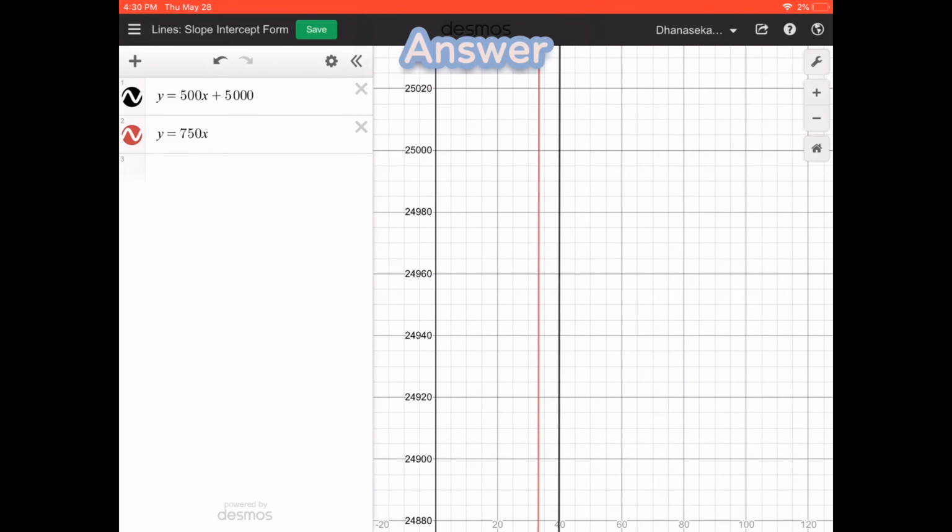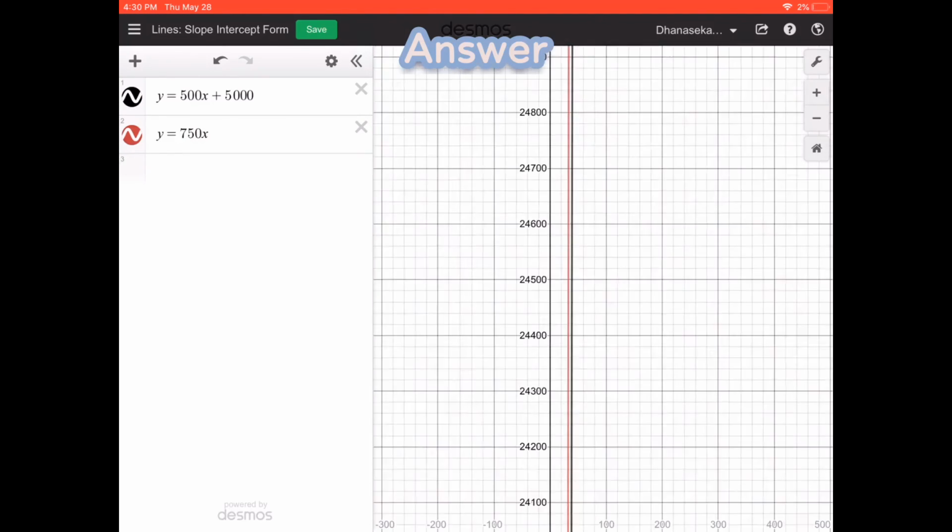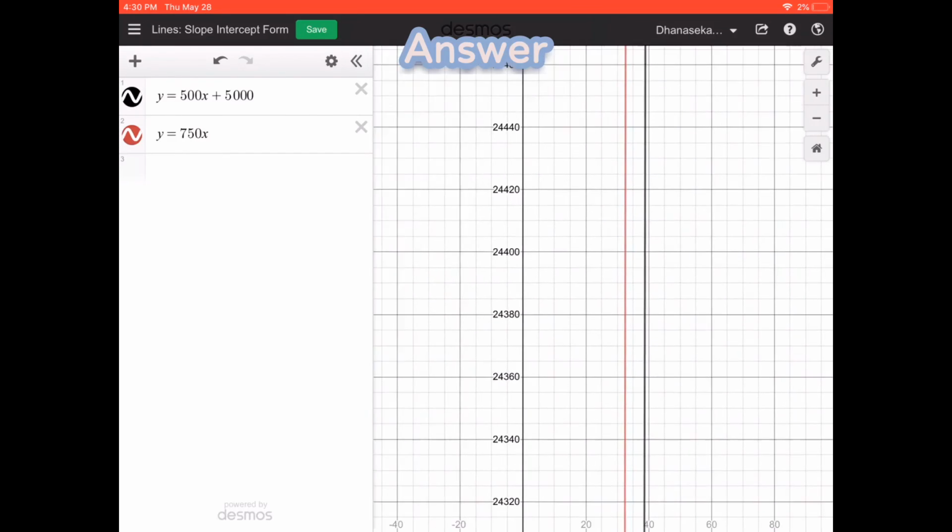There we go. Okay, so this is the first bank, and it's getting us to 40 weeks. Meanwhile, the second bank is 33 weeks, or at least around there.